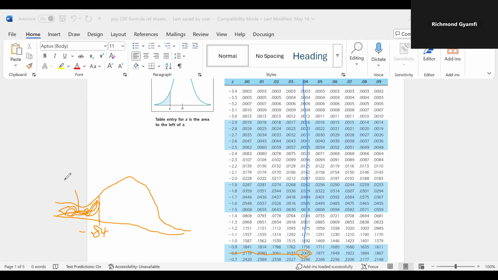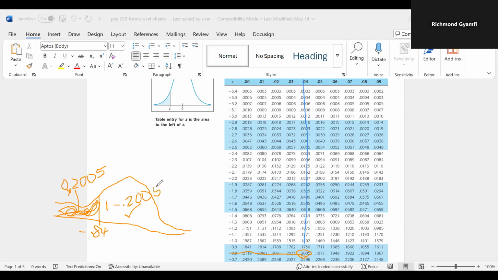And this is 0.2005. And that is not what I need because this is area to the left. The problem says find the area to the right. So what do I do? I subtract this area from 1 so that I get the area to the right. So this is what I need. So 1 minus 0.2005.